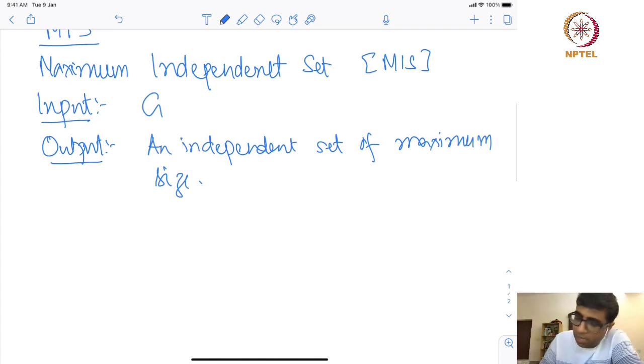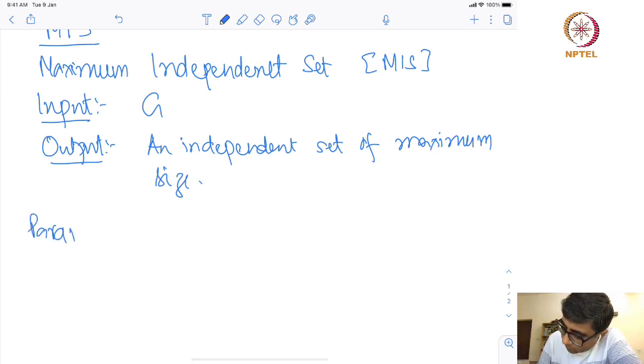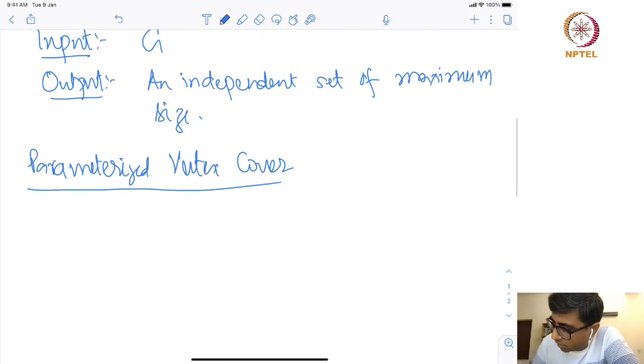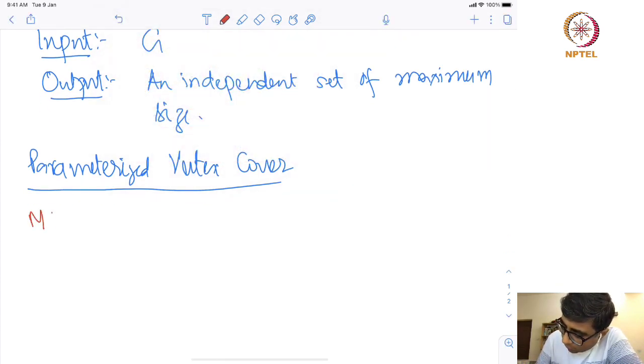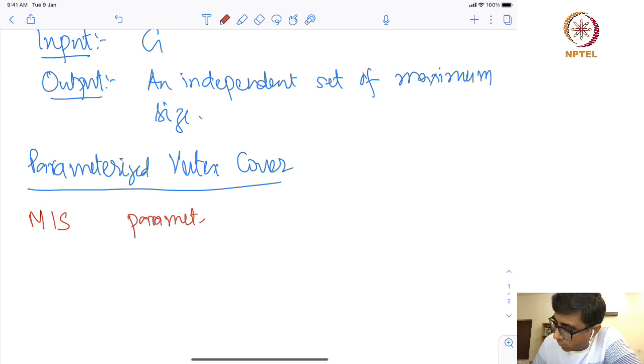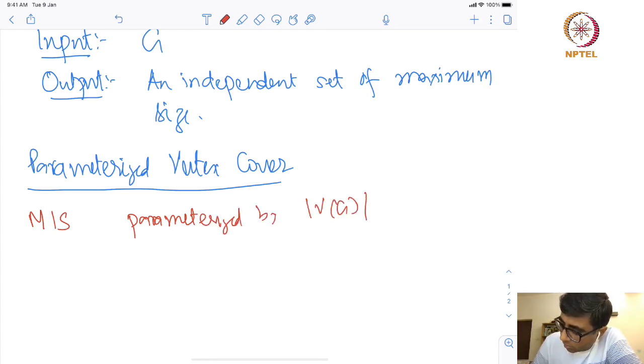So inspired by our minimum vertex cover algorithm, or the parameterized vertex cover algorithm, let's try to construct an algorithm for max independent set, parameterized by the size of the graph.